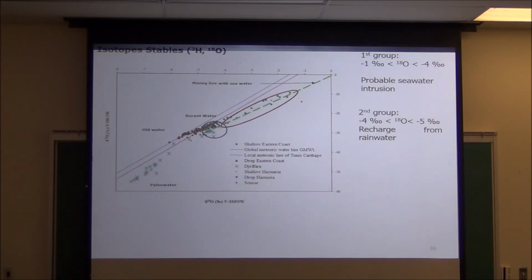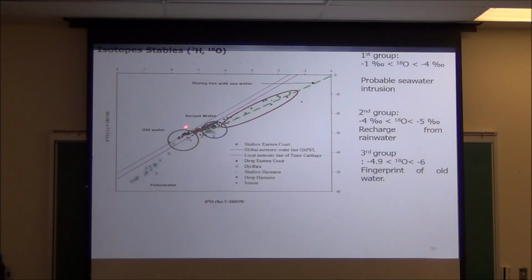The second group is located between the local meteoric water line of Tunis-Carthage rain station and the global meteoric water line. This group has a concentration of oxygen 18 very close to the weighted average rainwater. So all of this group comes from recharge by rainwater.